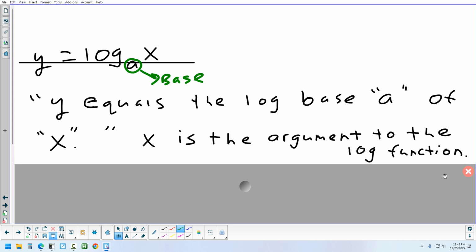The x is called the argument. All the argument means is it's the thing that you are plugging into the log. Kind of like if I wrote the square root of 8, 8 is called the argument. It's just the thing that I'm taking the square root of.